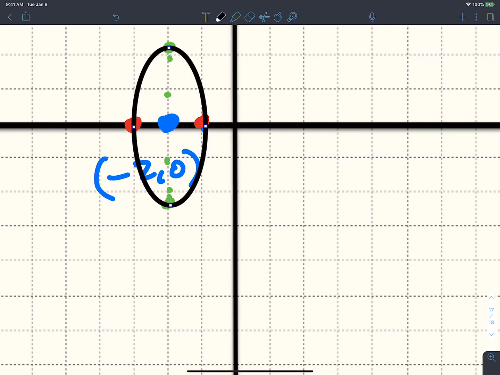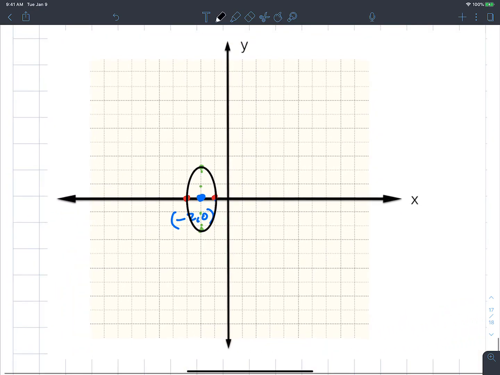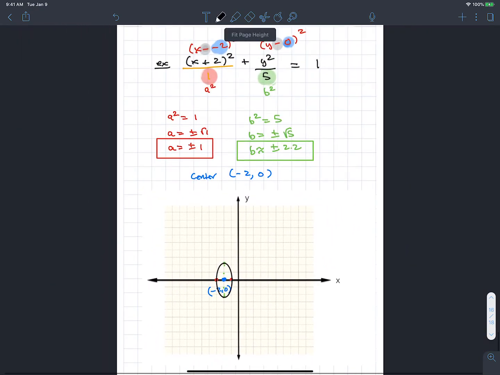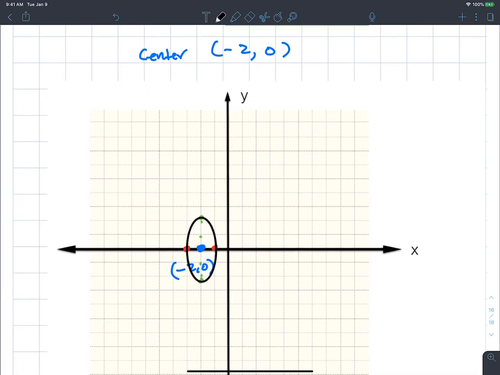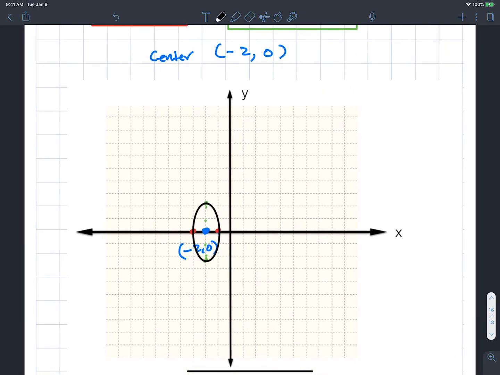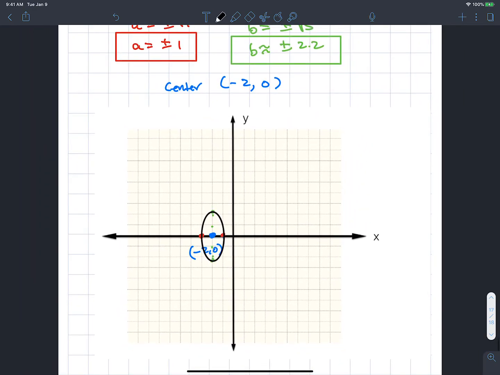Okay, maybe something like that. So take a look all together. This is sketching the ellipse. There's your values, information you use.